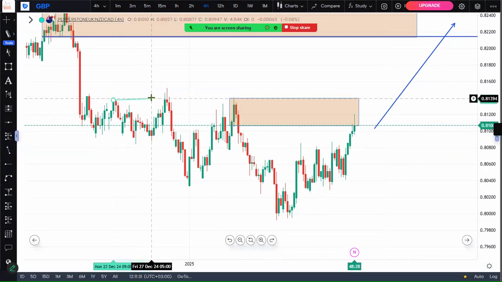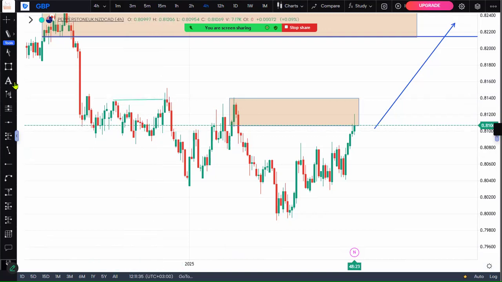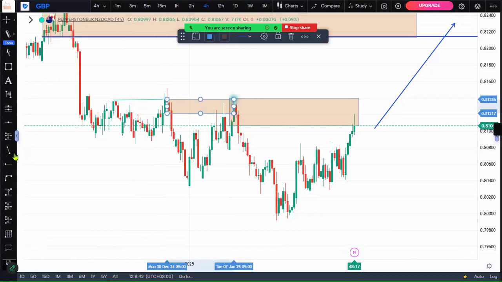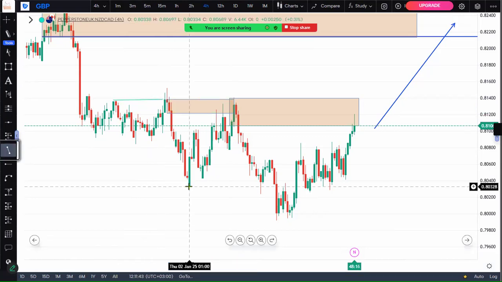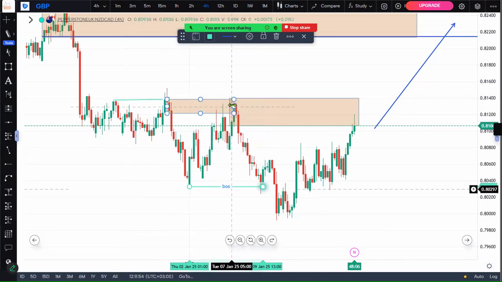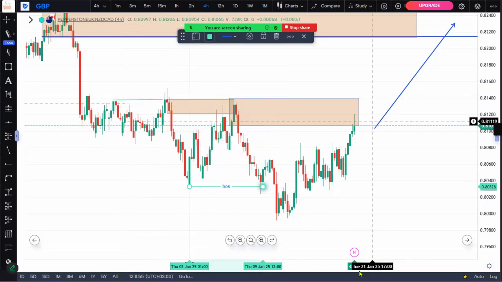And the reason was this: I was looking at this market, seeing this sweep of liquidity here, seeing mitigation of this area, and I was seeing this break of structure here as well, right? There's a break of structure here. There's this break of structure here. So look at this zone, of course, this will be my extreme, and you can see the price is really trying to react from these areas.